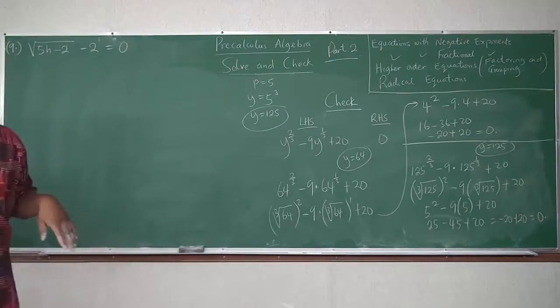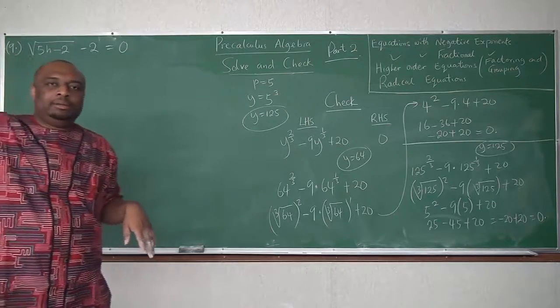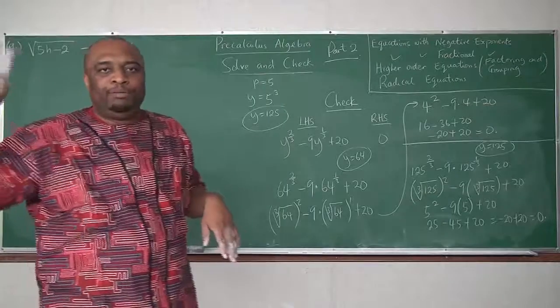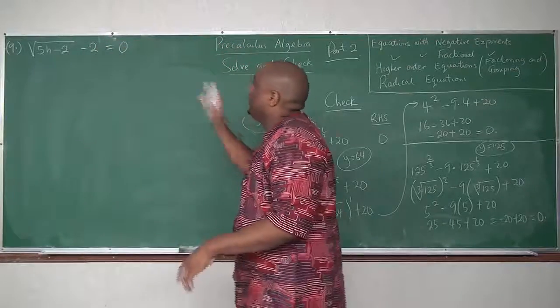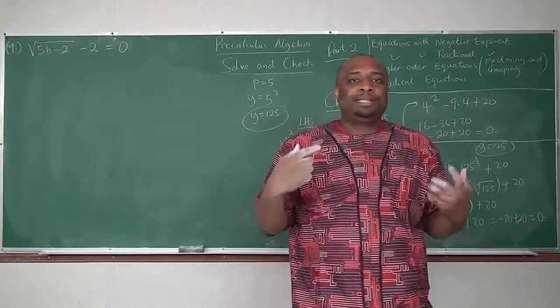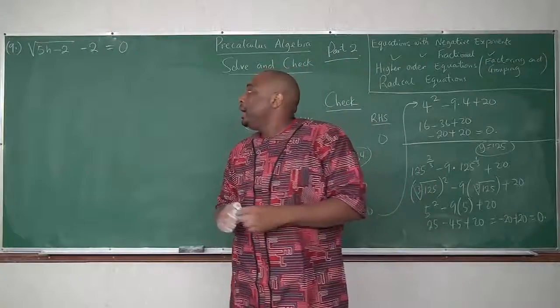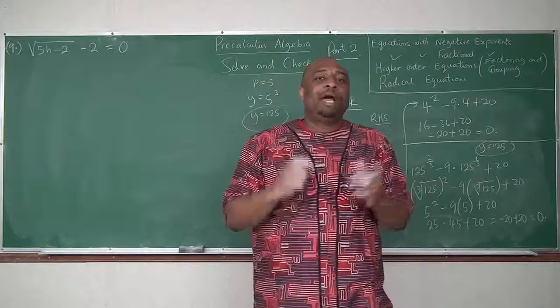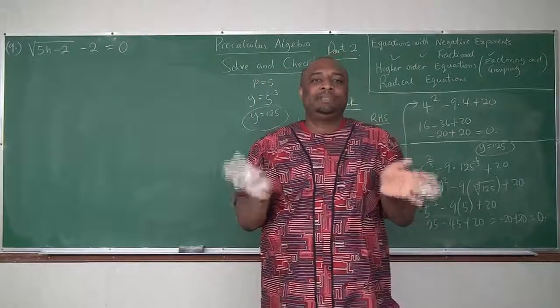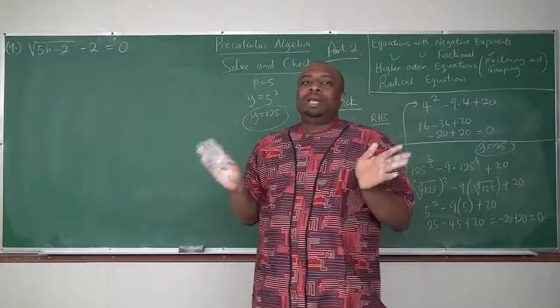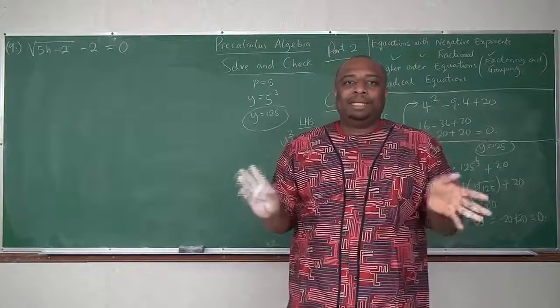We solved a question like that in part 1. Now here we have only one radical, so that makes it super easy for us. As usual, if you have any radical, make sure it is by itself. So let the radical be alone by itself.